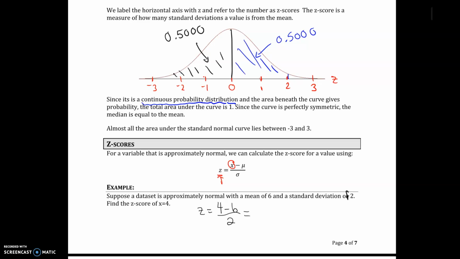Because of order of operations, we evaluate the numerator first. 4 minus 6 is -2. -2 divided by 2 is -1, right? So that Z score is just telling me that my x value of 4 is equivalent to a Z value of -1. Whenever our Z values are negative, we're below the mean. When our Z values are positive, we're above the mean.